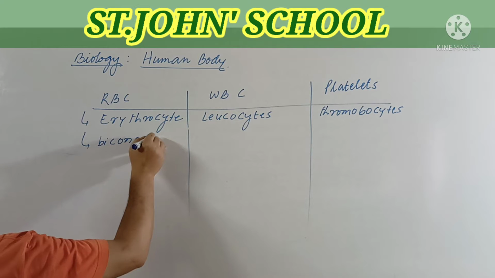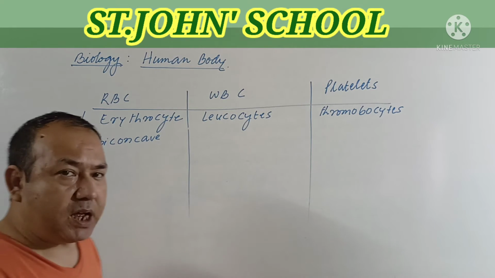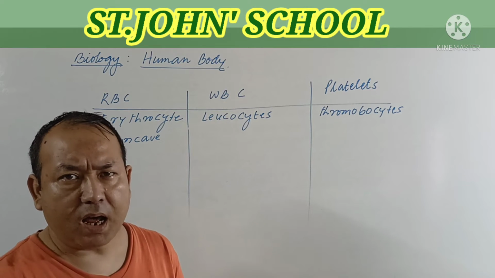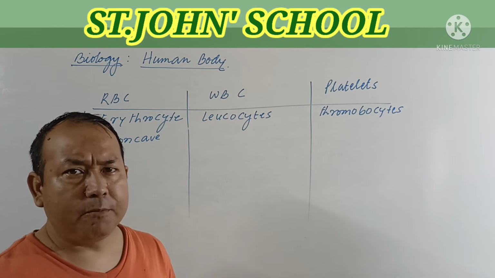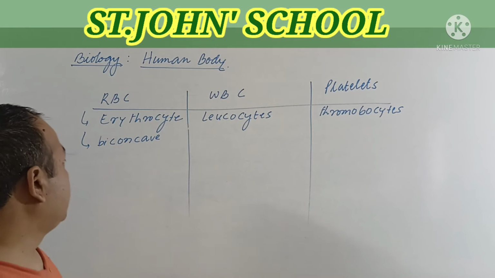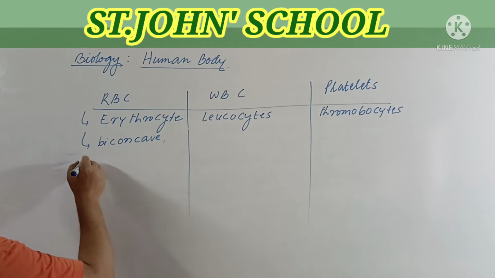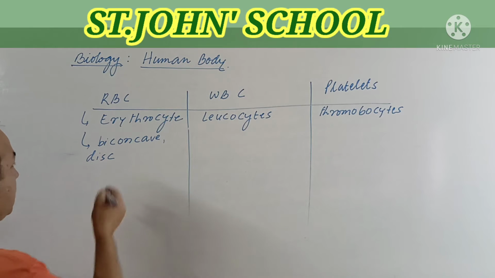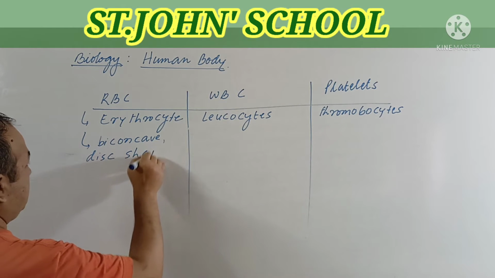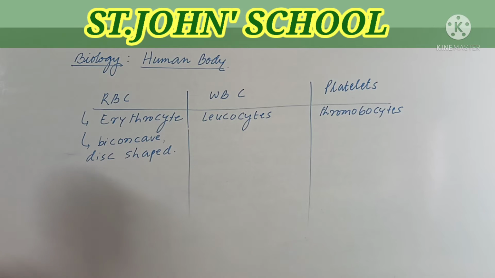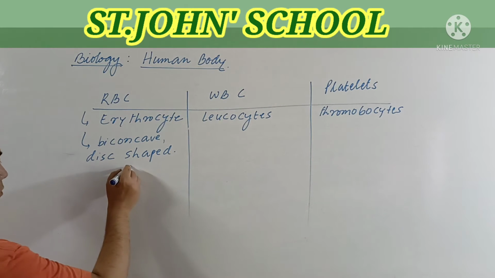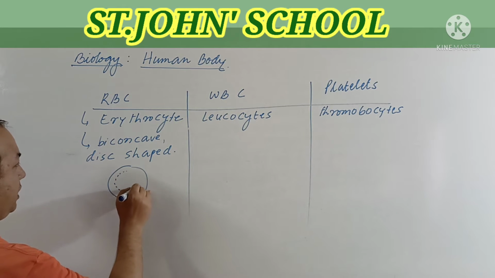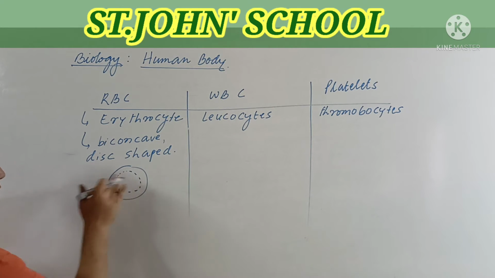Biconcave means a depression is present in the middle of the cell from both sides, just like a pizza. You can write biconcave, disc shape. Disc means circular shape. So this is about the shape of RBC: circular with a concavity in the middle. This portion is depressed.